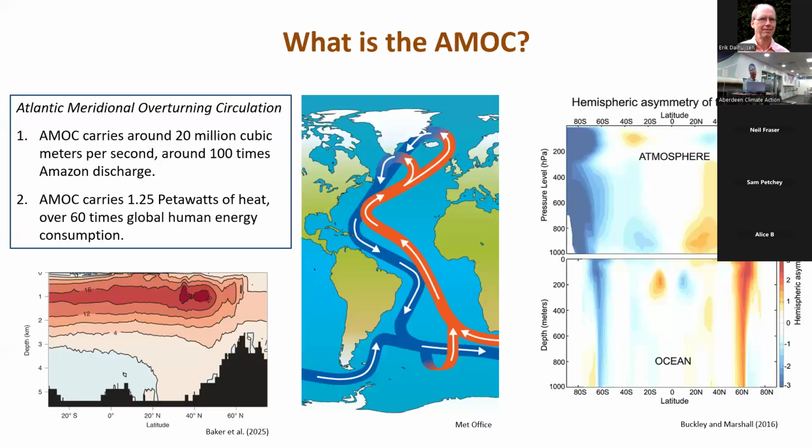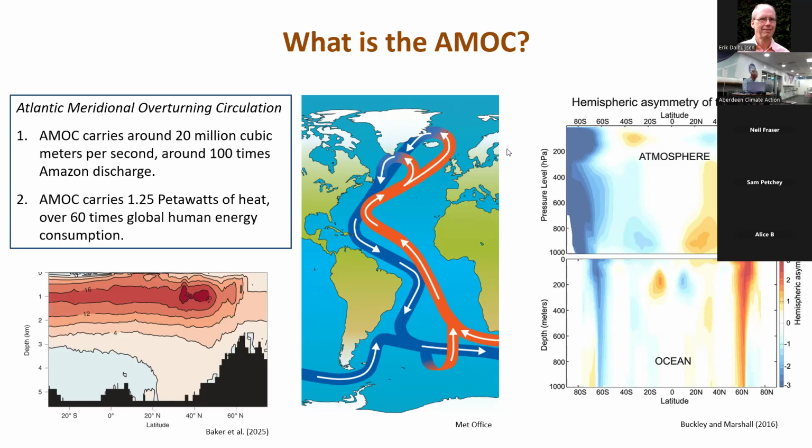So we've got this clunky acronym, the AMOC. What is it? Well, the Atlantic Meridional Overturning Circulation. It's a system of currents in the Atlantic whereby warm, salty water near the surface is transported northwards to the subpolar North Atlantic, the Nordic seas, and even the Arctic, where it loses heat to the atmosphere and becomes cold, salty water.